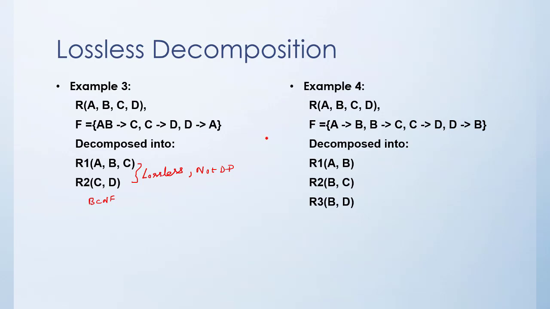So in R2 B is the super key, and as B is the super key and is a common attribute between R1, R2 and R3, the third condition is also satisfied. Finally, we can say that the decomposition of R into R1, R2, R3 in this form is a lossless decomposition.